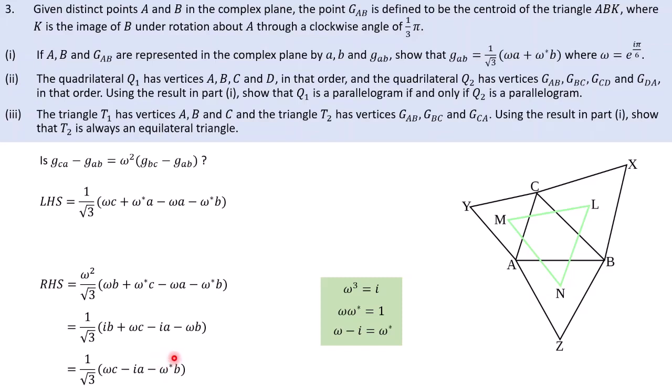So now we look back at the left hand side above, we see that we have omega C minus omega star B minus omega star B, and here we can combine the two terms again using the third observation to get omega star minus omega is minus i. So indeed now we have shown that the left hand side is equal to the right hand side. So indeed one side of the triangle is obtained by the other rotated by 60 degrees.